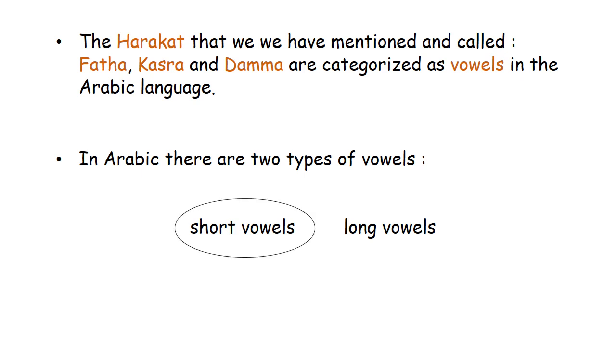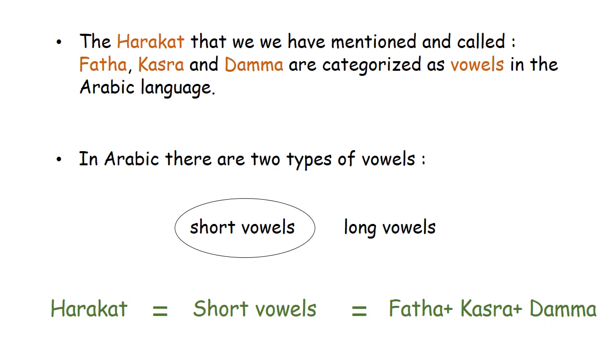We are only going to study short vowels at this stage. Long vowels will be discussed at the right time. So, harakat are short vowels, and there are three short vowels called Fattah, Kasra, Damma.